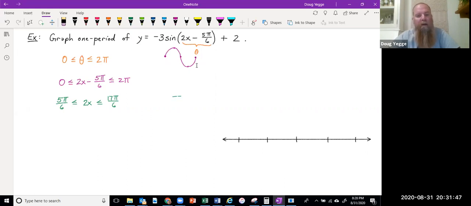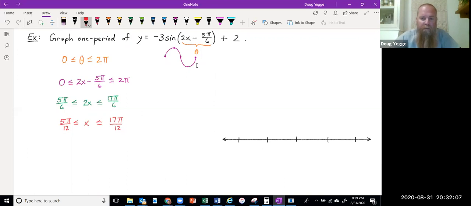But I'm not quite done yet until I find what my x-coordinate is. So by dividing each of these by 2, I just increase the denominator. So the leftmost point of my first period is going to be 5 pi over 12, while the rightmost point is 17 pi over 12.